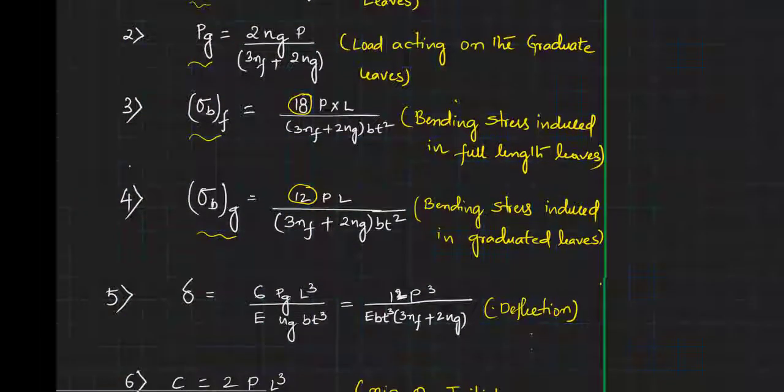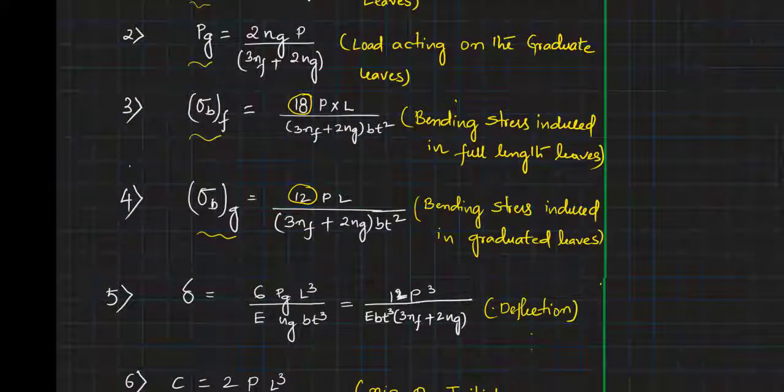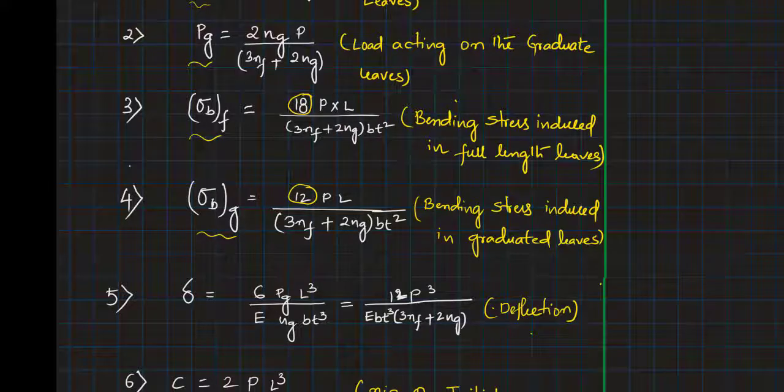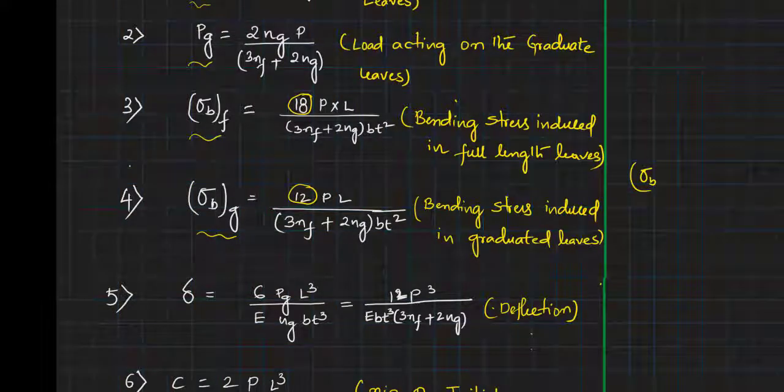And also in the previous video lecture we have seen that bending stresses in full length leaf will be 1.5 times that of the graduated leaf.